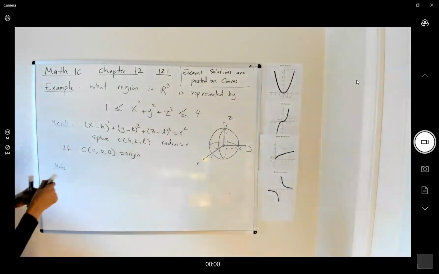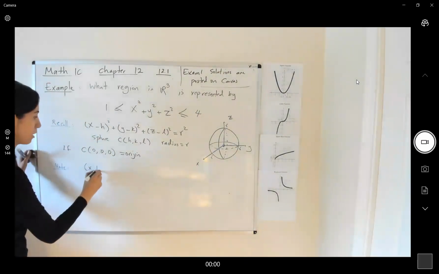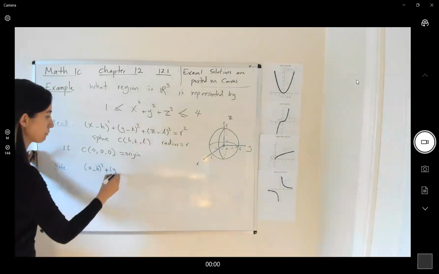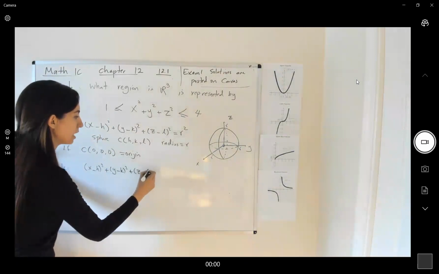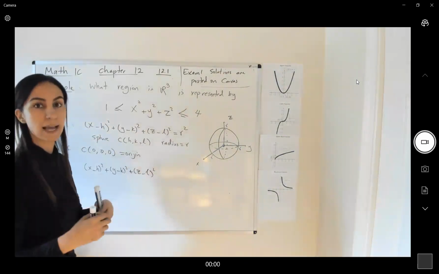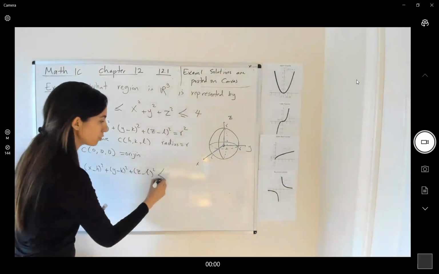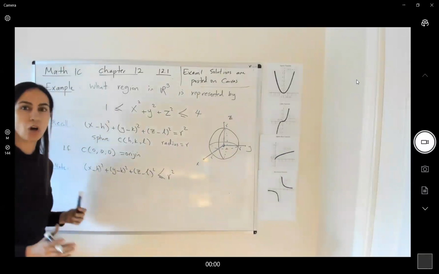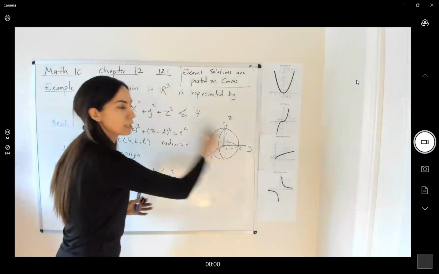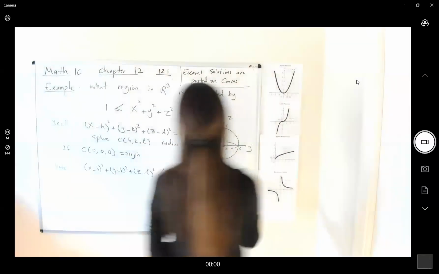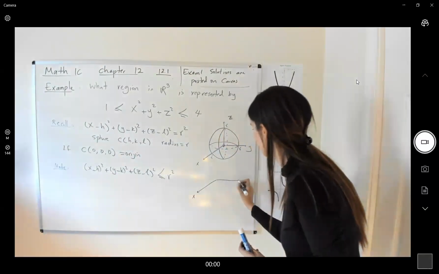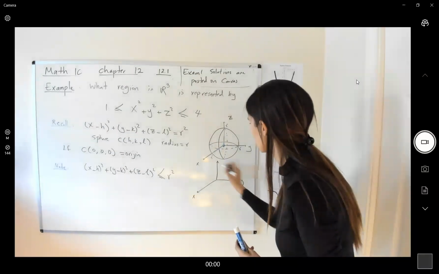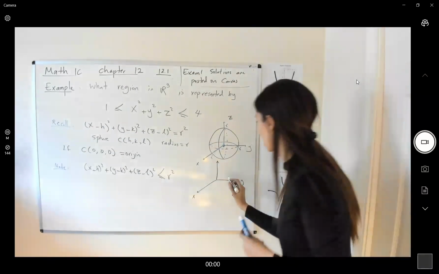If you say that I have (x − h)² + (y − k)² + (z − l)² less than or equal to r², you're talking about the solid sphere. This is going to be the x-axis, this is going to be the y-axis, and this is going to be the z-axis, and here you have your sphere.